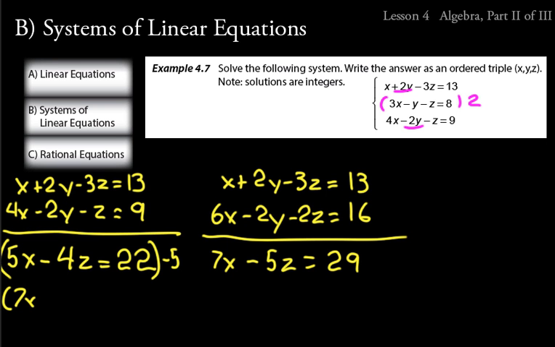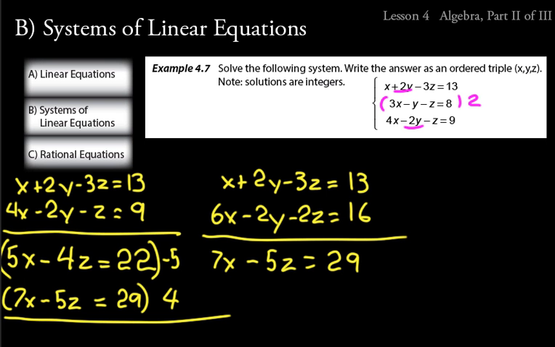7x minus 5z is equal to 29 times positive 4. So let's just do this mentally. Keep up. Minus 5 times 5x is minus 25x, and then 4 times 7x is 28x.